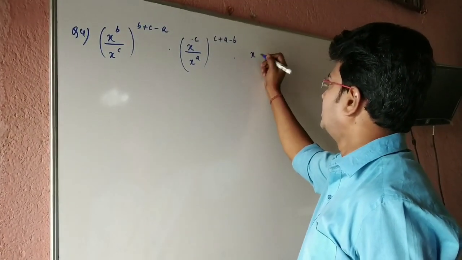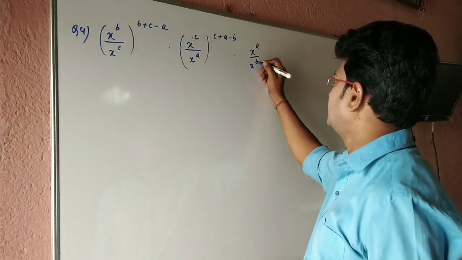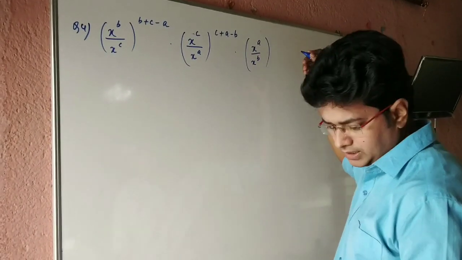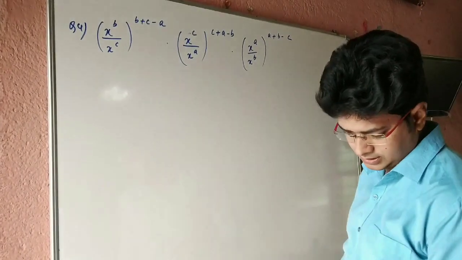And the third part is (x to the power a by x to the power b) whole to the power a plus b minus c.